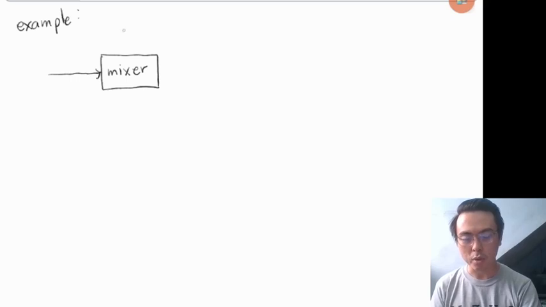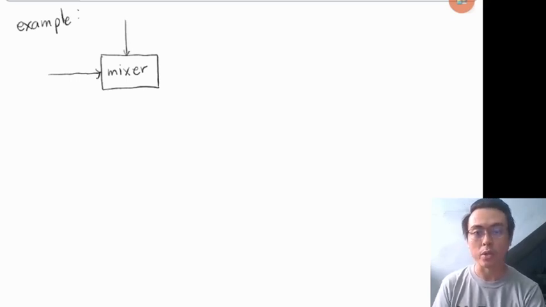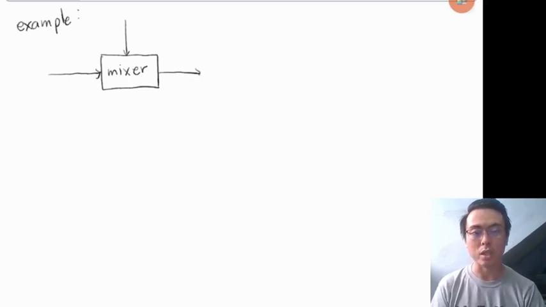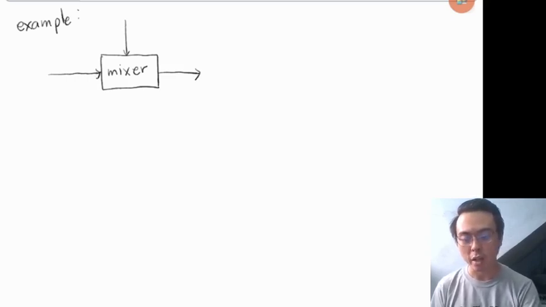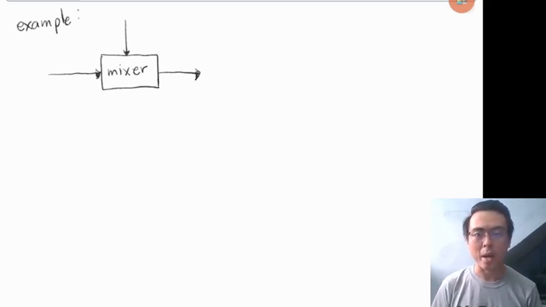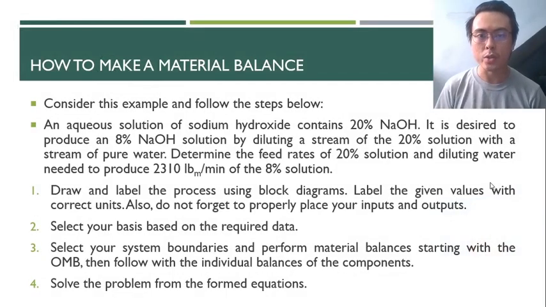Your second input would be your water, which would be used as the diluent to the solution. And your final stream is the output, which is the diluted sodium hydroxide solution. So that is how you write arrows pointing in and pointing out of the box to represent if they are inputs or outputs. So let's go back to the problem and see the values.